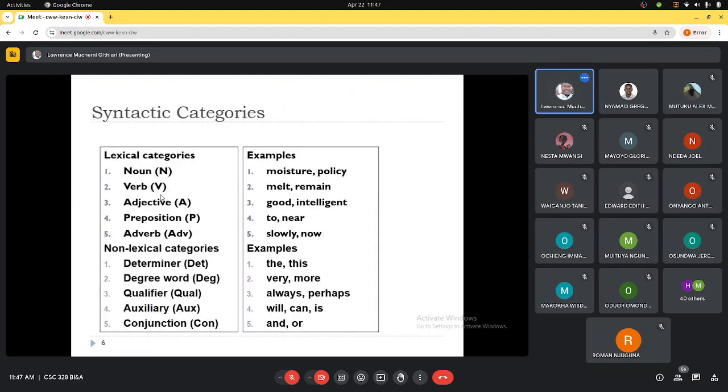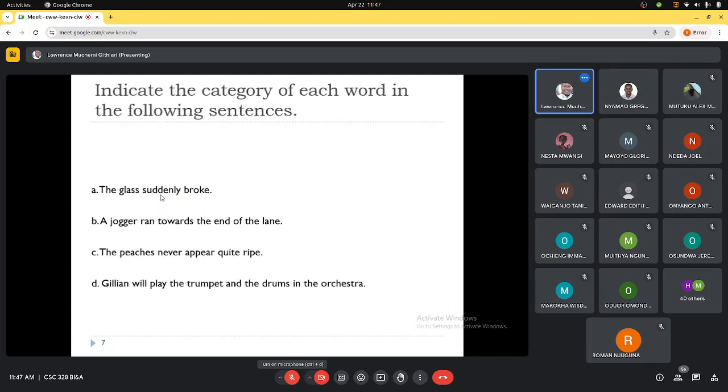Where does it belong? Exactly. It's an adverb because it's showing you how the action of breaking occurred. It occurred suddenly. So it's an adverb. Yeah, correct. Then you have broke, which is, of course, the verb.